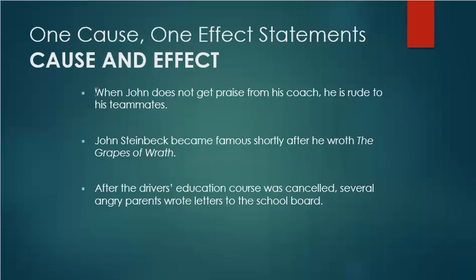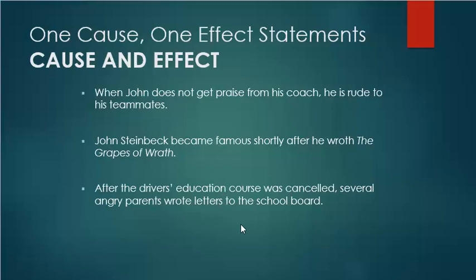Alright, let's talk about these. The cause in this first sentence is that when John does not get praise from his coach. That's what happens first. The effect is, well, he's rude. Second, John Steinbeck became famous shortly after he wrote The Grapes of Wrath. What happened first? Well, he had to write the book first, and the effect is he became famous.